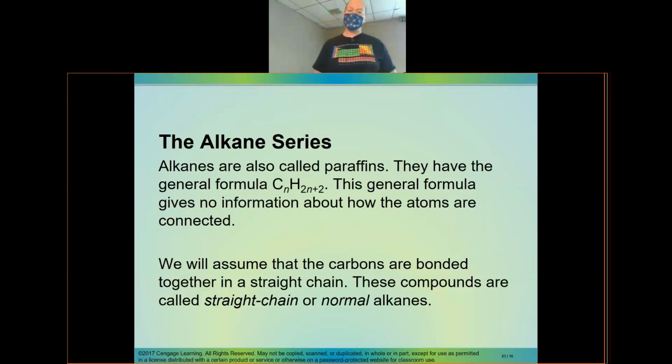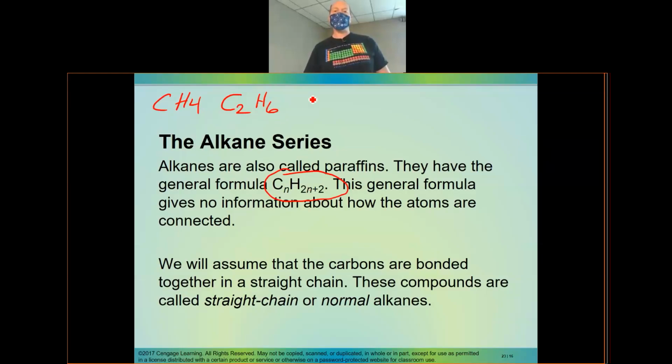So your alkanes will have a series, right? And the formula for your alkane is CnH2n+2. So when we put in 1, we get CH4 because we have 1 carbon and then 2 plus 2, 4 hydrogens. When we put in the number 2, we have C2, then we have H4 plus 2, which is 6.